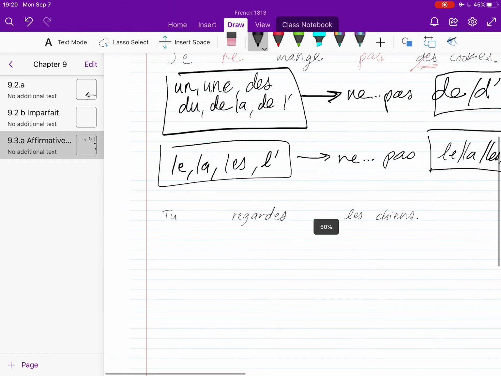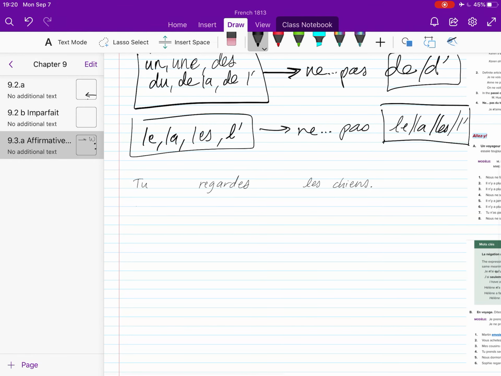You're looking at the dogs versus tu regardes des chiens. You're looking at some dogs. Now, if I put my negation in here, it's going to be the same, right? Ne pas around my verb. Okay. But the negation in this first one, tu ne regardes pas les chiens. You are not watching the dogs.